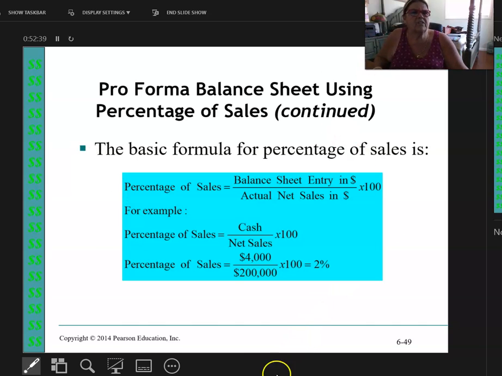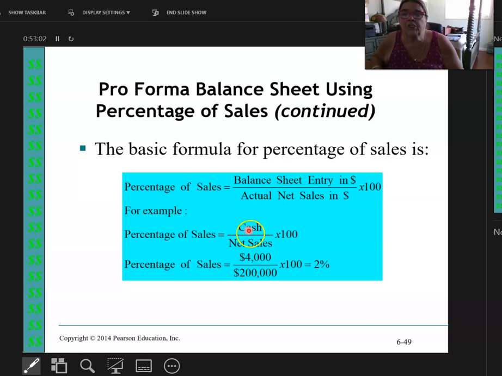So here are some formulas for this. For the balance sheet, we're talking about the balance sheet entry in dollar amounts divided by the actual net sales, times 100. We're going to take each entry on the balance sheet.